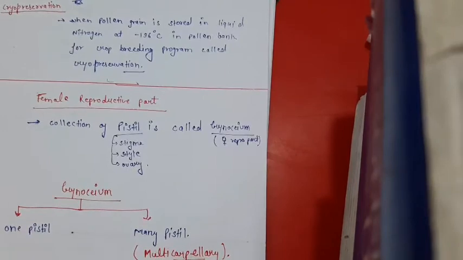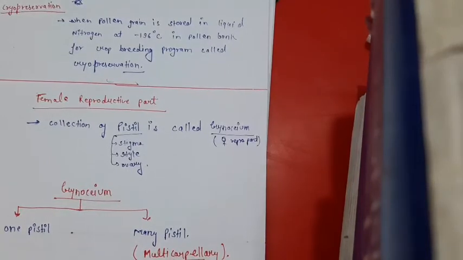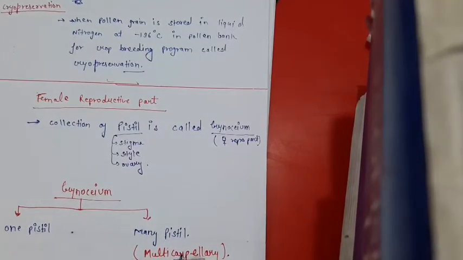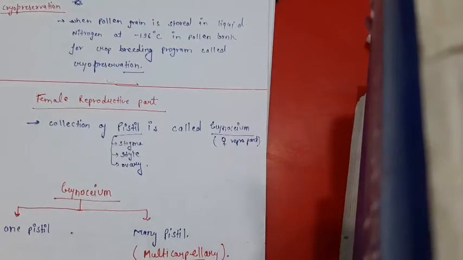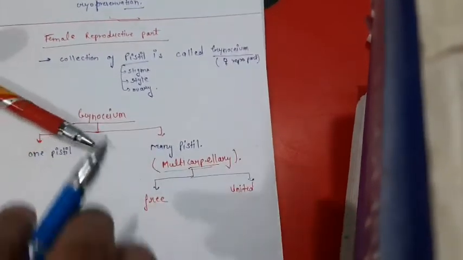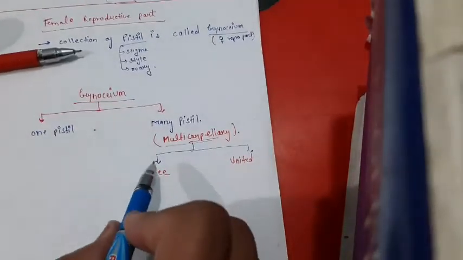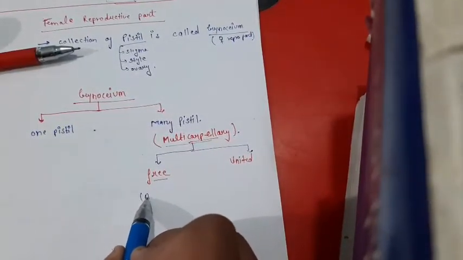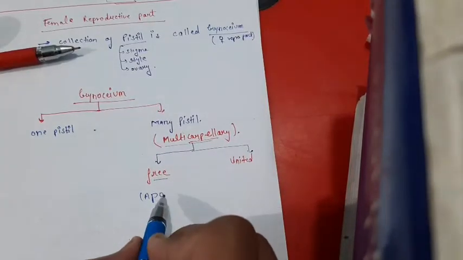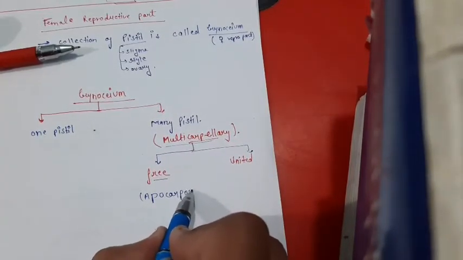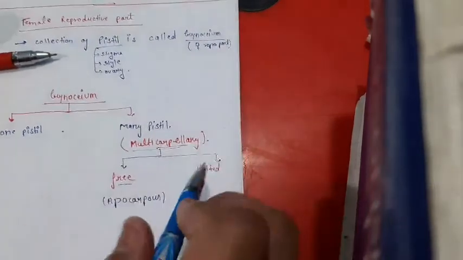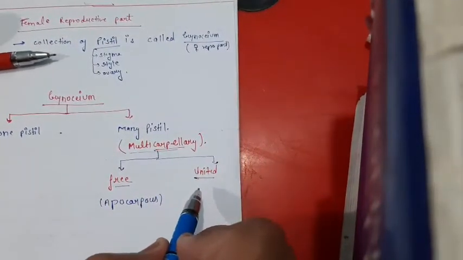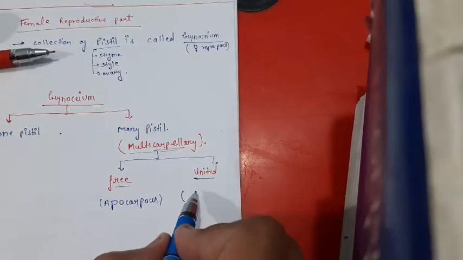If the carpels, meaning stigma, style, ovary, are free, or united, meaning in close packed form. Carpel means pistil. If the pistil is free, then it is called apocarpous. And if the pistil is united, meaning in combined form, then it is called syncarpous.